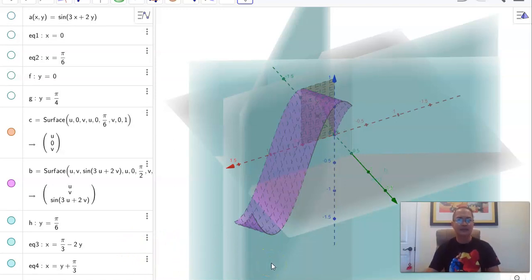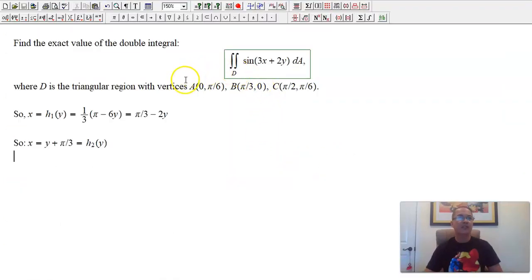All right, let's find the value of that double integral. Here's the original problem, and here are our left and right curves. We will set it up as a type 2 integral.